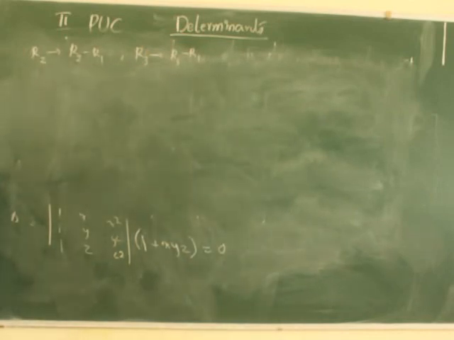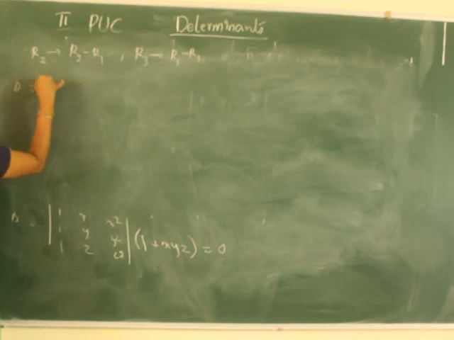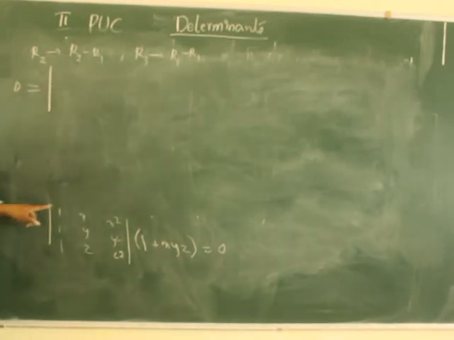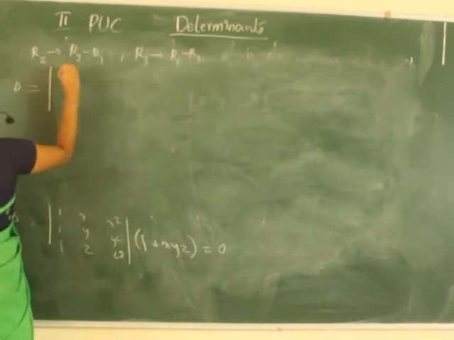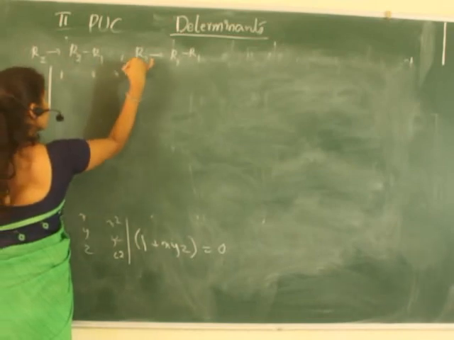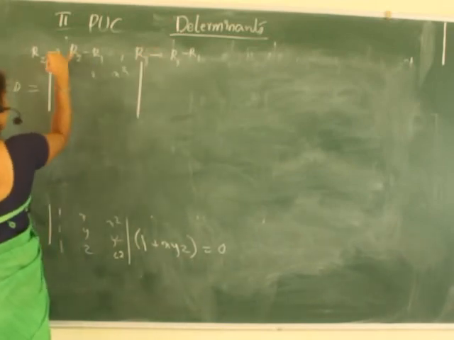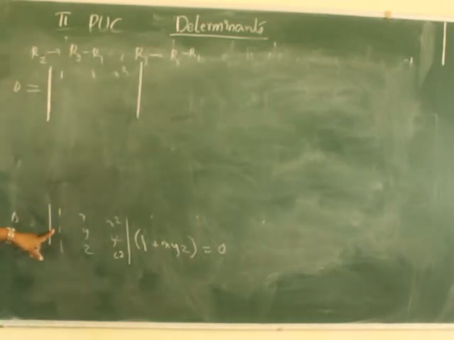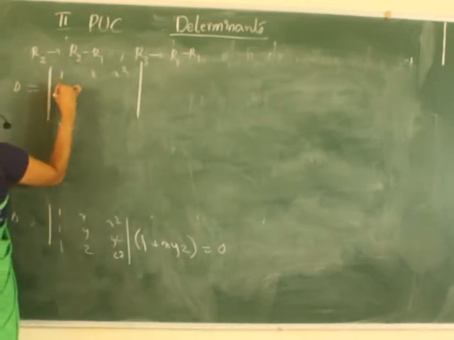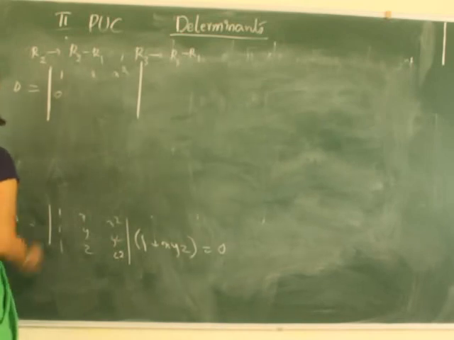So if I do like this, then delta is equal to R1 as it is, 1, x, x square. Then R2 changes, so 1 minus 1 is 0. Next is y minus x.